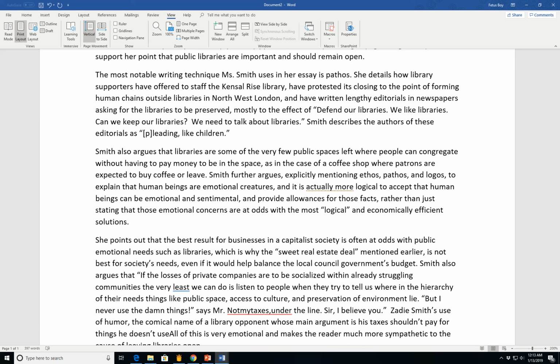Doesn't use, underscores the silliness and frivolity of the anti-library argument.